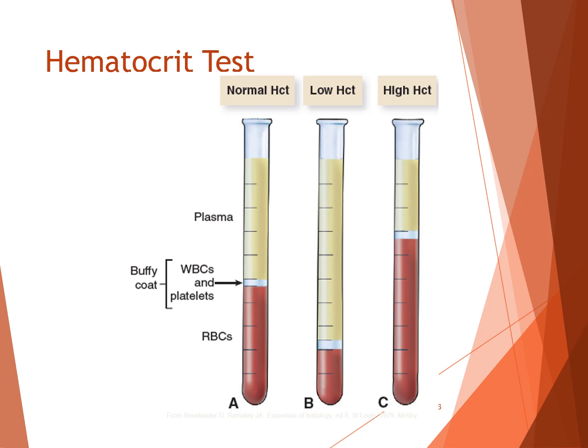And you can see that little white line in each of these test tubes is that buffy coat, and that's our white blood cells and our platelets. And this gives us information about the possibility of an individual being dehydrated, or if they've been hemorrhaging, what that ratio looks like. A normal ratio should be about 45% of the blood volume consisting of red blood cells. So if that is shifted, then that gives us a good idea of how to treat our patient.